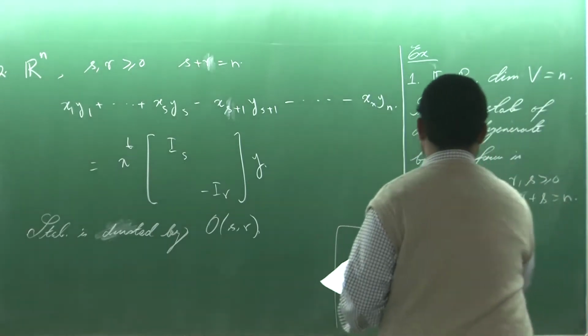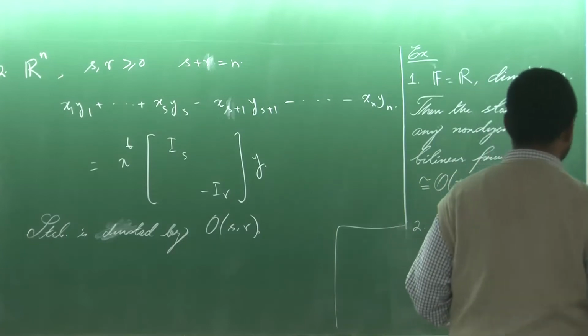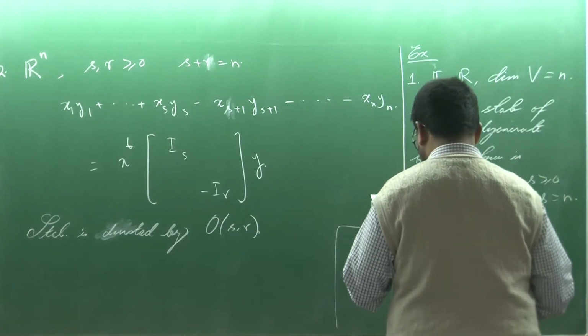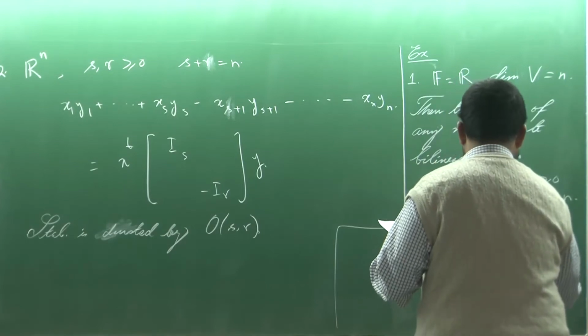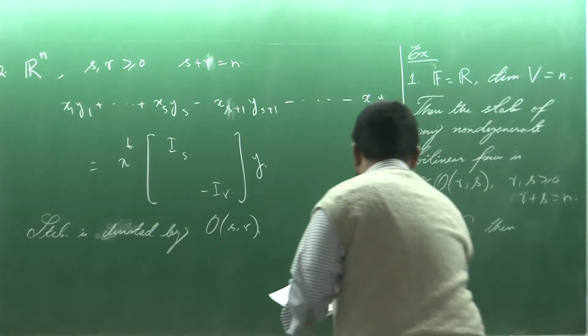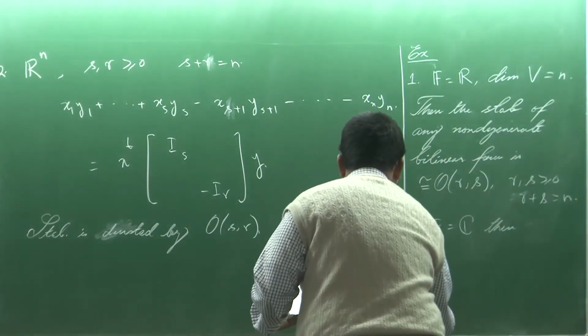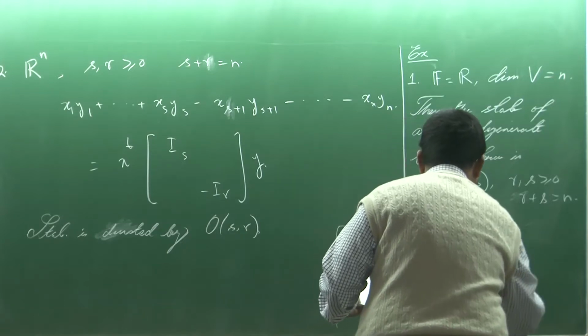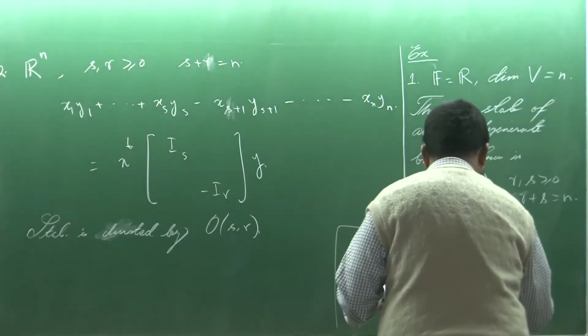And the second question is of course the complex analog. If F is C, then for any non-degenerate bilinear form, the above is isomorphic to the complex orthogonal group.